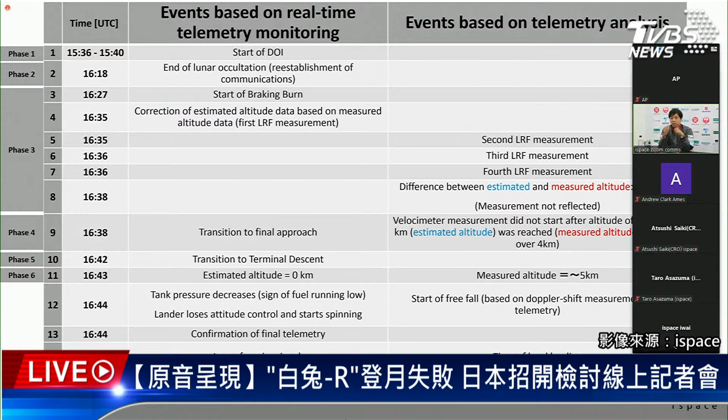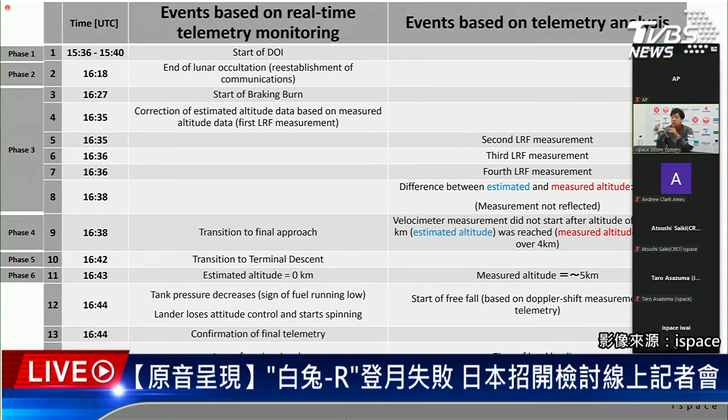And in addition, number 4 is quite important. At that moment, even in our mission control center, we confirmed an estimated altitude update by laser rangefinder measurement. Estimated altitude means the lander has software that always estimates its altitude and position.